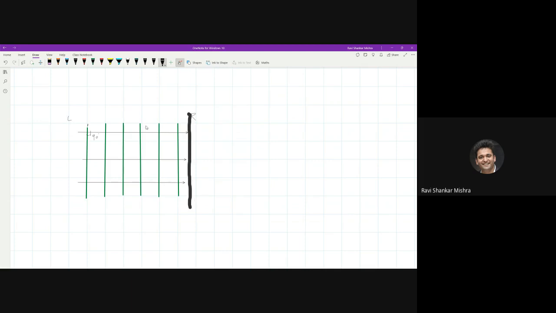Very nice. But instead of a complete wall, if I give you some gap, so I gave you a gap. Here a gap is there, right?